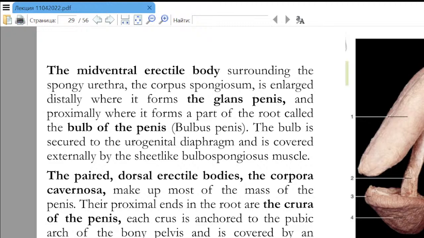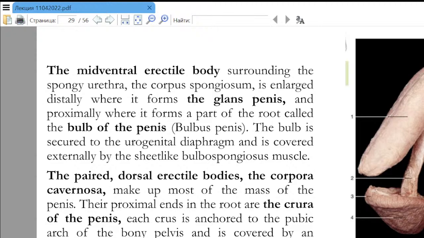The paired dorsal erectile bodies, the corpora cavernosa, make up most of the mass of the penis. The proximal ends in the root are the crura of the penis.